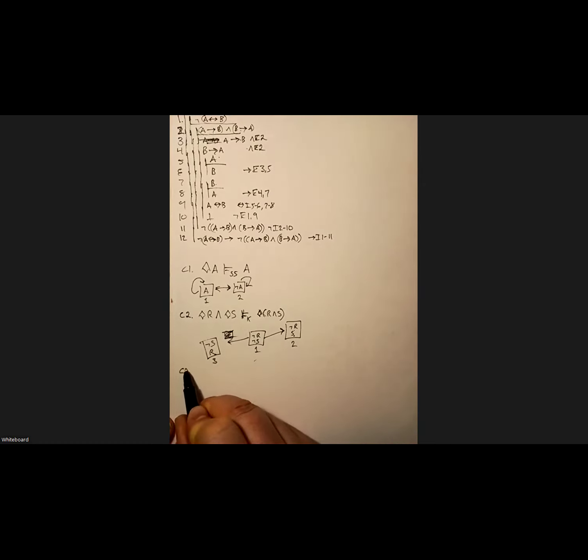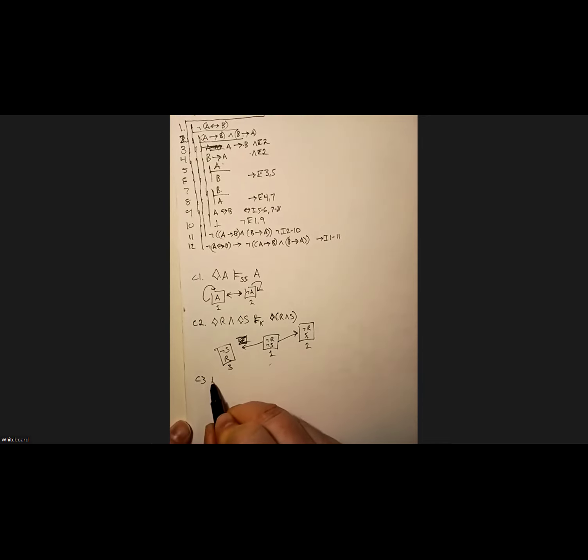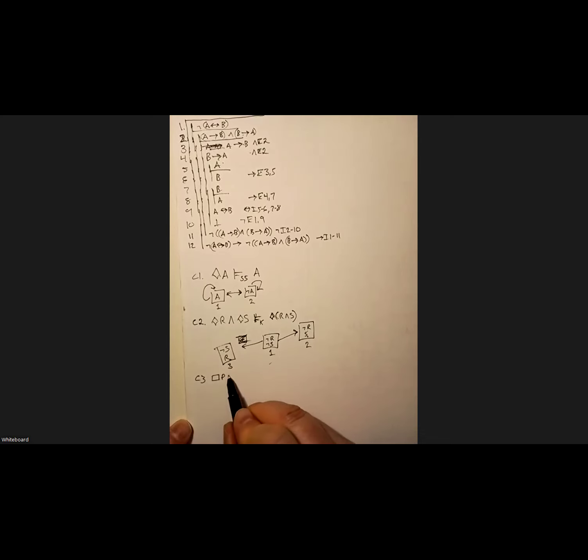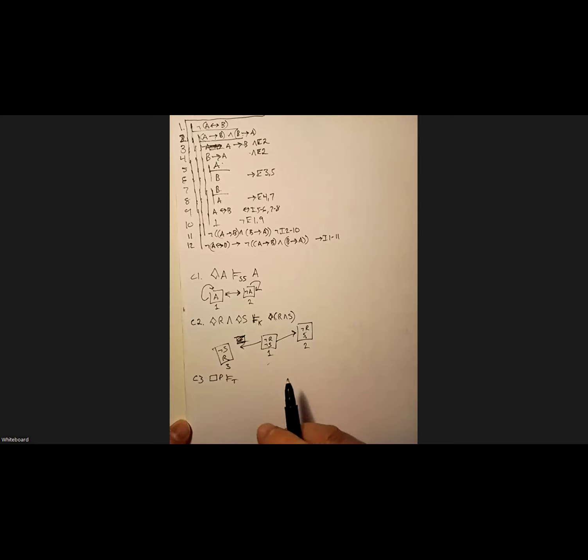On to 3. For sentence 3, we have box P, and this is in T, so that means all the worlds can see themselves, to box box P. So every world can see itself, that's the restriction, and we want to show that, hey, box P being true in a world doesn't mean that box box P. And if we remember, box P means that it will be true if every world it can see is a world where P is the case.